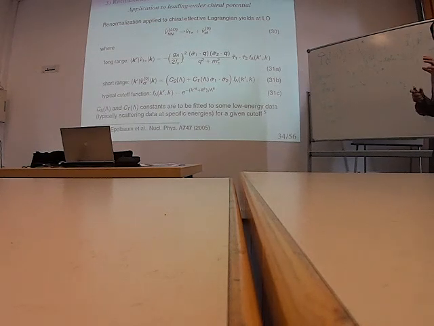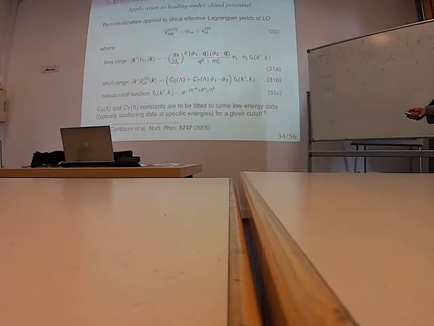So you choose a few, I insist on that, only a few, very few low energy data, a couple of data, to get these two parameters, two data at least, to fix that exactly. But very low energy.